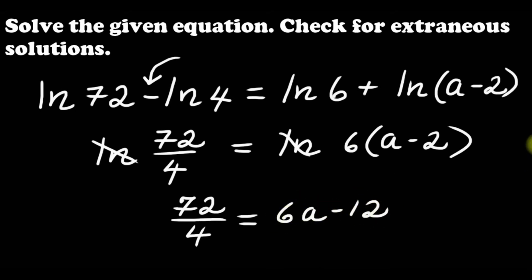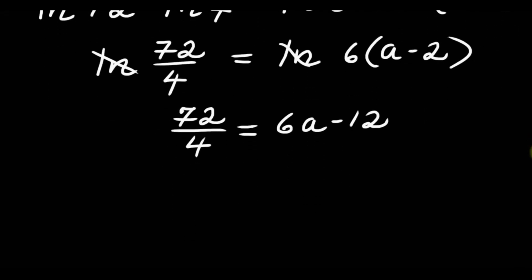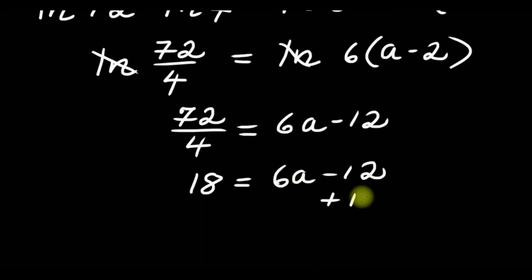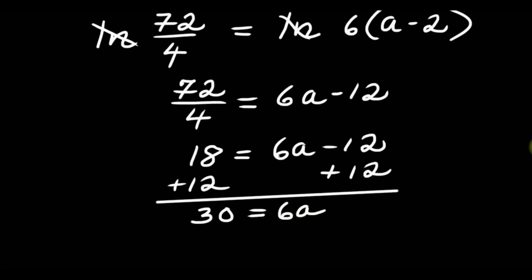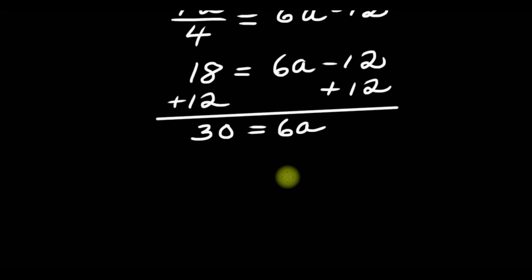Okay, so now we're going to solve for a. So 72 over 4 is the same as 18. 4 goes into 72 18 times. 6a minus 12. So to get the a by itself, I would have to add 12. Add 12. So here I have 30 is 6a. And then divide by 6 to find out what a is.